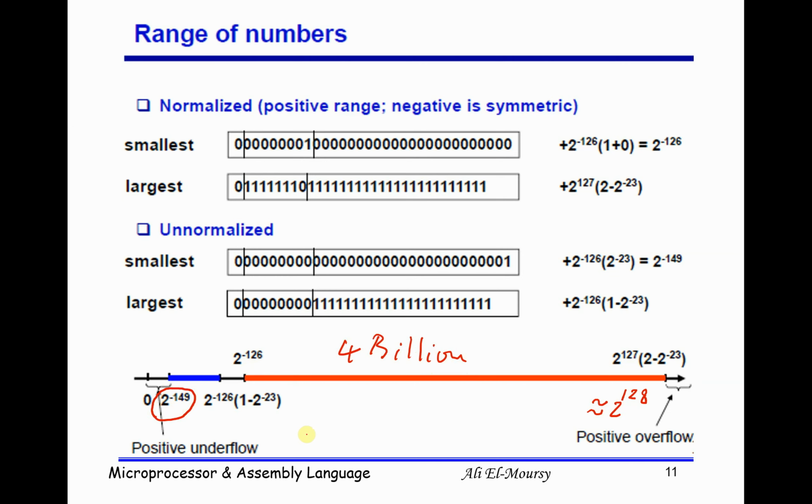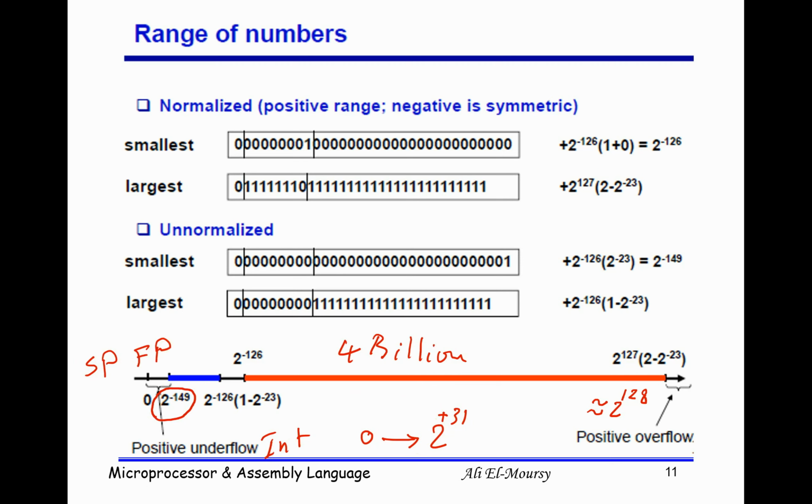For integers, I have a range for positive and negative from 0 up to 2 to the power 31. A very limited range in integers, and this is for the single precision floating point representation.